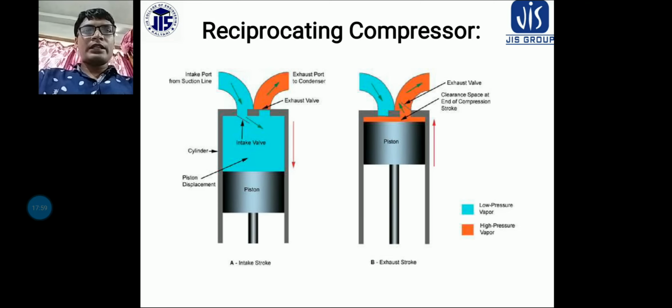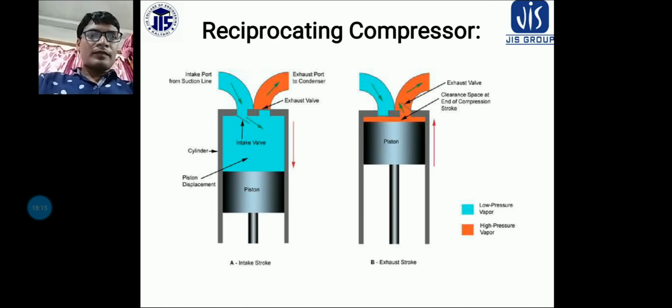Accordingly, our desired aim is to provide high pressure, high temperature vapor refrigerant to the condenser, where condensation will take place. So this is how the reciprocating compressor operates. I hope it is clear.